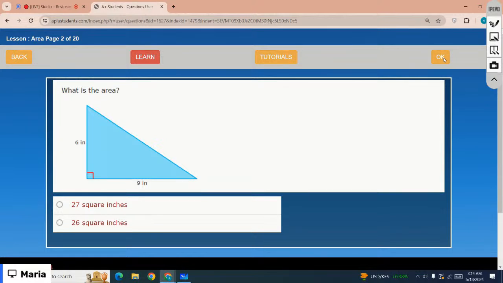The correct option is 27 square inches. Option number one is the correct option. Very good.